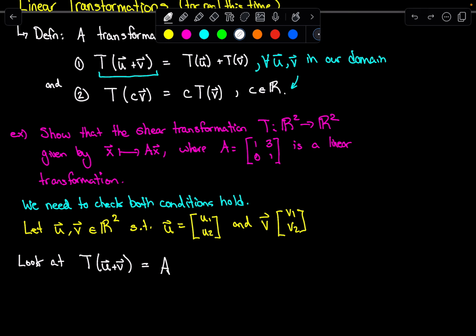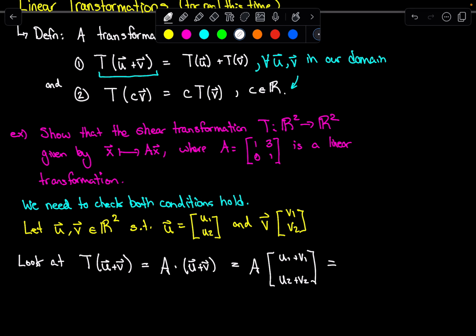So it's going to be A multiplied by our u plus v vector. Now, u plus v in and of itself is going to be a new vector. It's still a 2D vector, but it consists of u1 plus v1 up here, and then u2 plus v2 here.